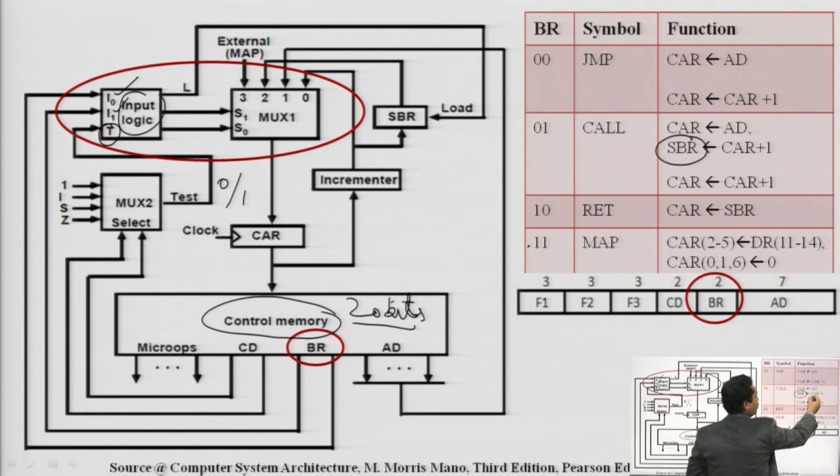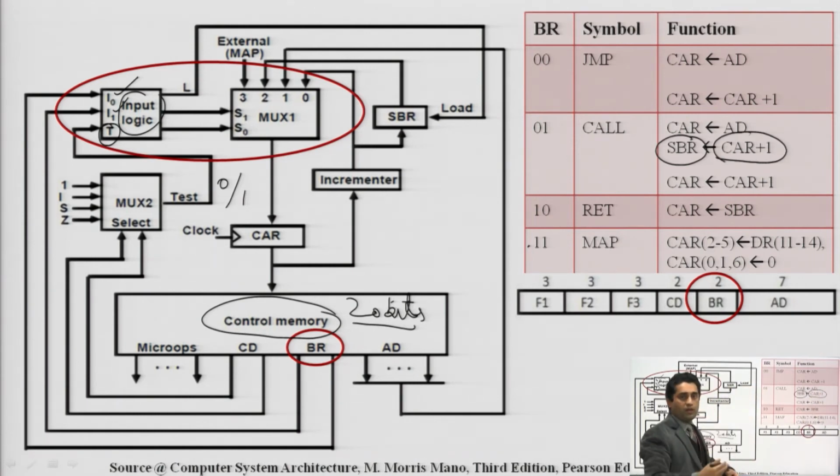We are putting the address here, which means suppose one instruction is going to execute. The address of the next instruction is stored into the subroutine, and when we call the return, it will return the instruction code which is written there in the subroutine registers. As I showed in the control memory, we have this SBR subroutine register. This subroutine register transfers the code for the next operation, and this is the map.